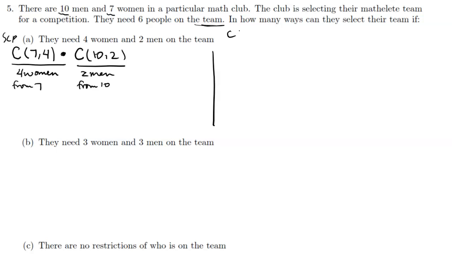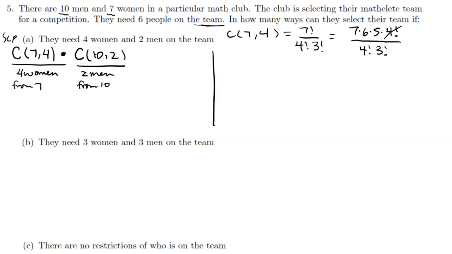So let's say combinations of 7 picking 4. Well, that's going to be 7 factorial over 4 factorial, and then 7 minus 4 is 3 factorial. So then we'll have 7 times 6 times 5 times, we can stop at 4 and put a factorial on it. And then we've got 4 factorial, 3 factorial.